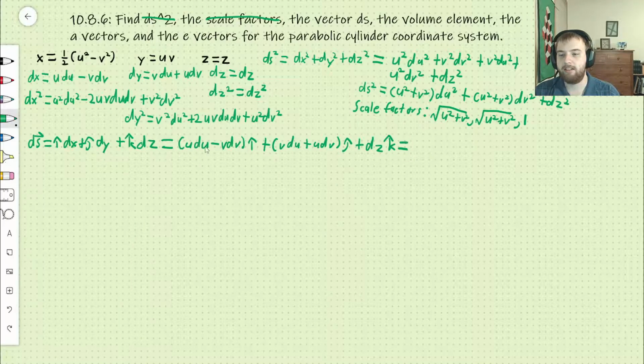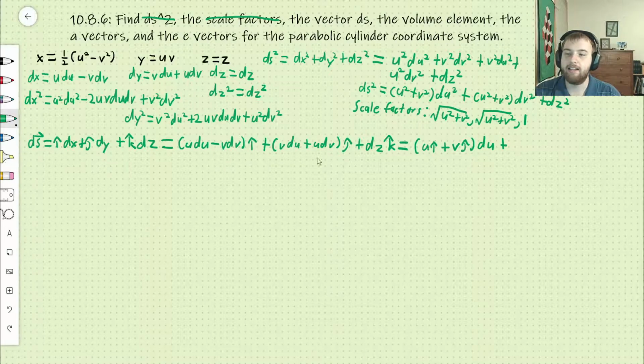So what has a du part? u i and v j both have du parts. What has dv parts?